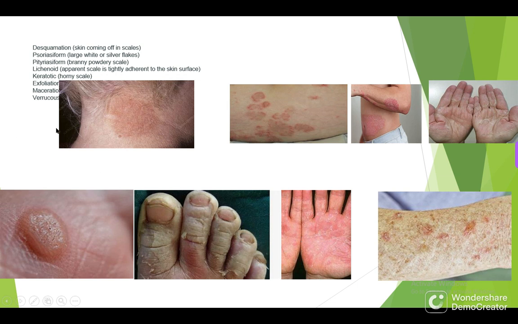It may be maceration, macerated skin peeled off here in this fashion, and it may be verrucous, a warty-like appearance of the scale. So scale, or hyperkeratosis, should be described in this fashion.